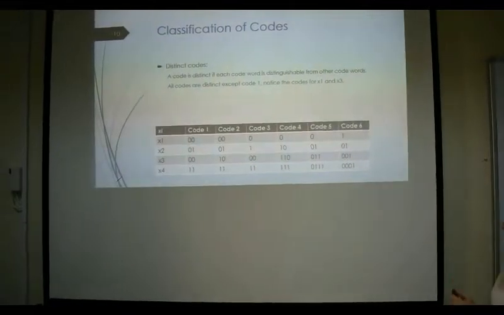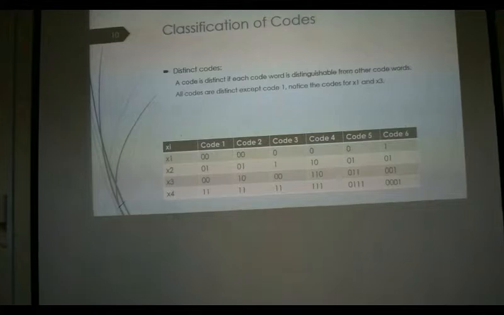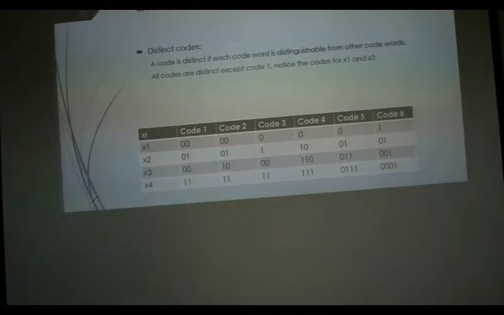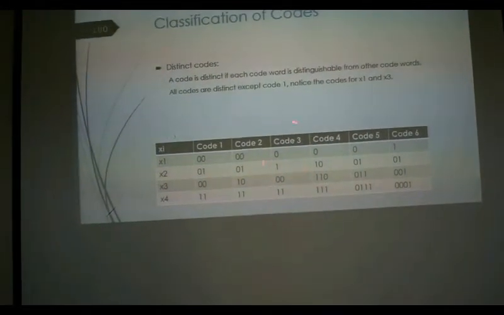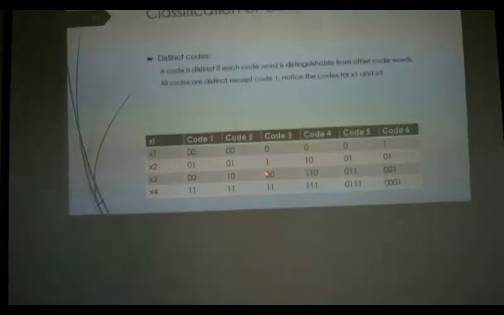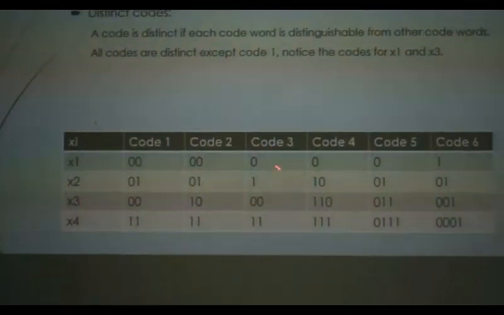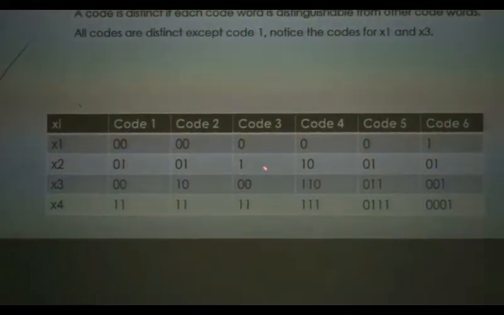The fourth classification we can make looking at the table is that there are code words that can be formed using other code words. Look for example at code 3. We have x3 which is formed by using two x1s, and we have x4 which is formed using two x2s.